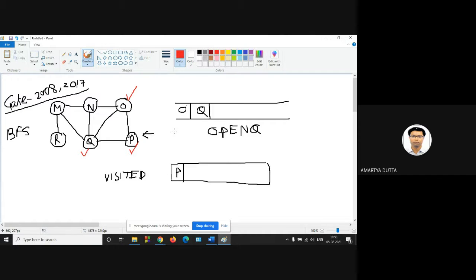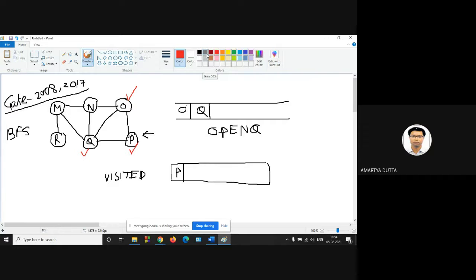Next, which one will be deleted first? O will be deleted. Why O? Because this is a queue data structure. Is the queue data structure called LIFO or FIFO?